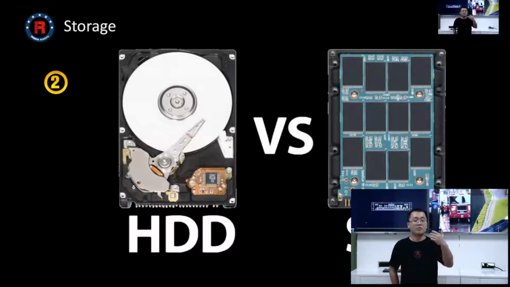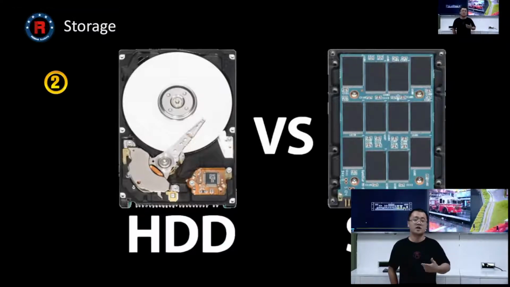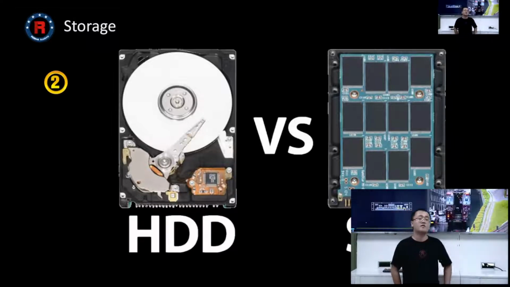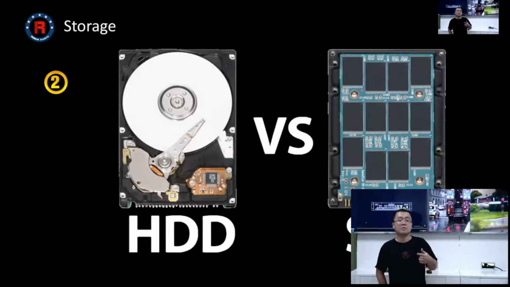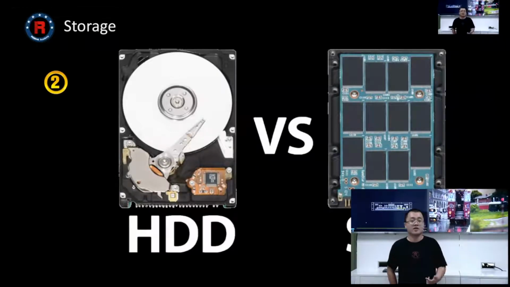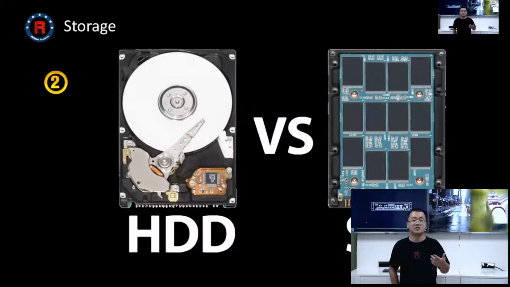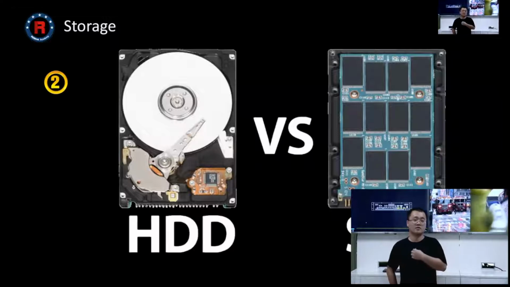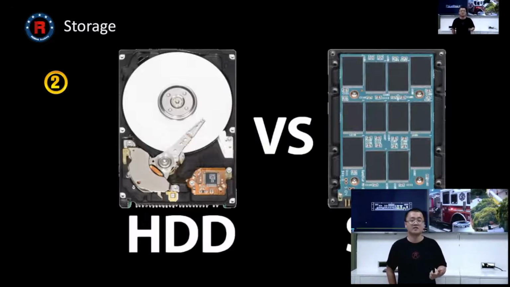Now more and more 4K content has come into our life. And as we know, the capacity of 4K content can be over 100 GB. The traditional HDD can only support 1000 MB each second. It's too slow.